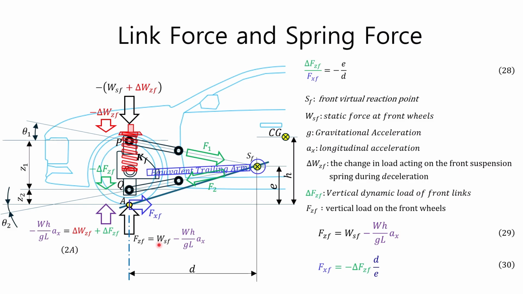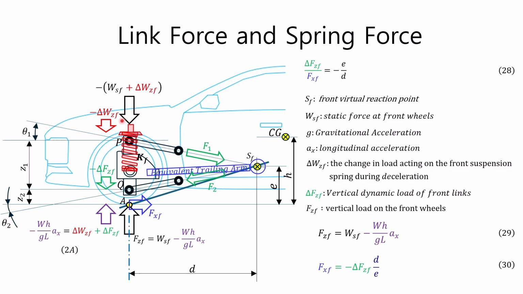Here, WSF represents the static vertical load acting on the front wheels. G represents the acceleration due to gravity, and AX represents the longitudinal acceleration. Minus delta WZF represents the vertical dynamic load compressing the front springs during braking.